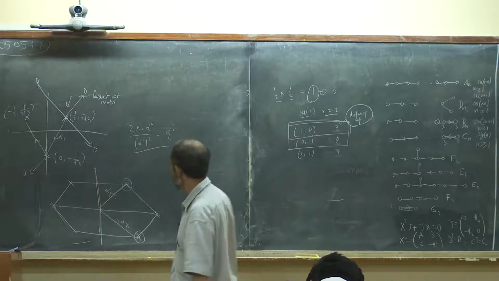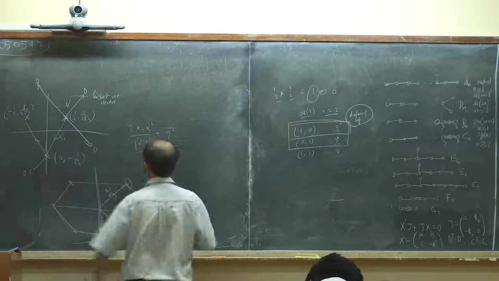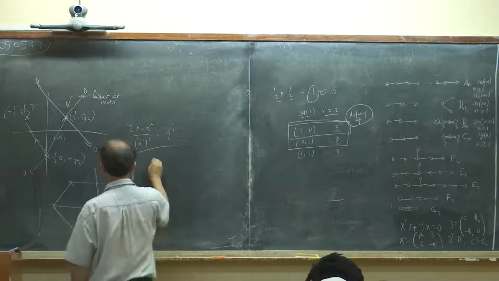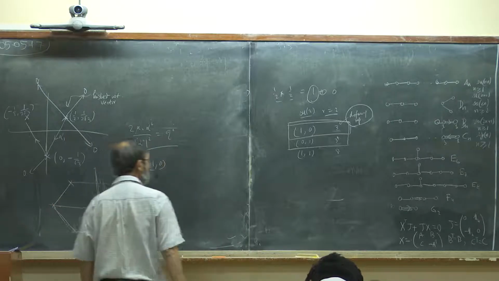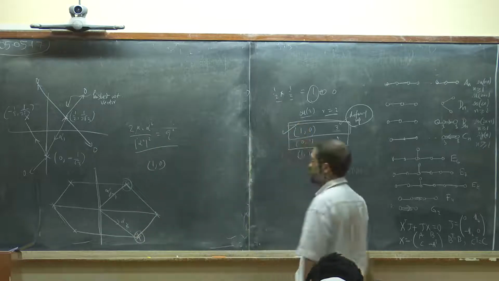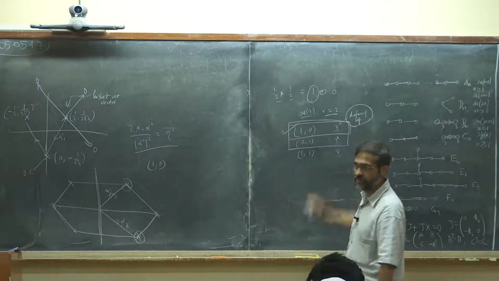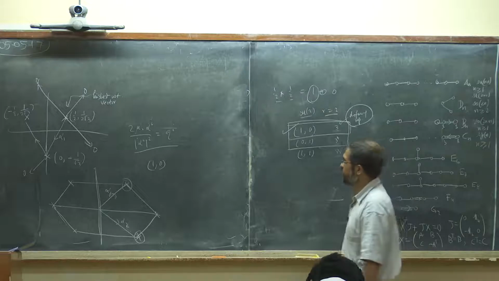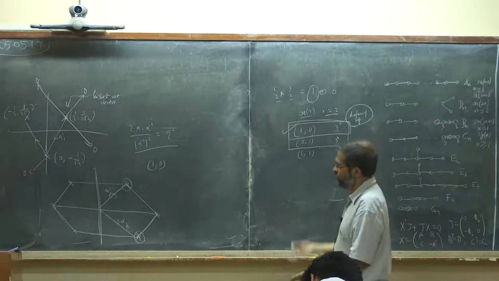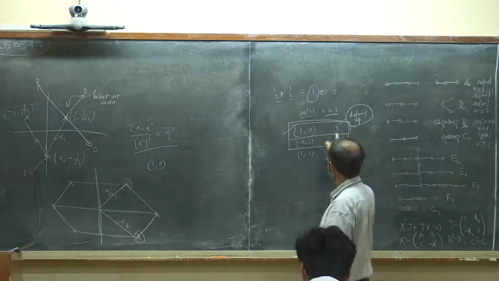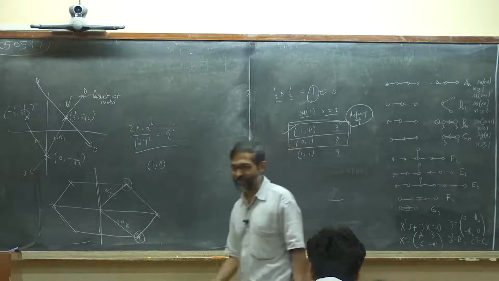Therefore this representation, which corresponds to the defining representation, is 1, 0. This is a 3-dimensional representation, so this is the 3. 1, 0 is the unique label, 3 is just the dimension of the representation.